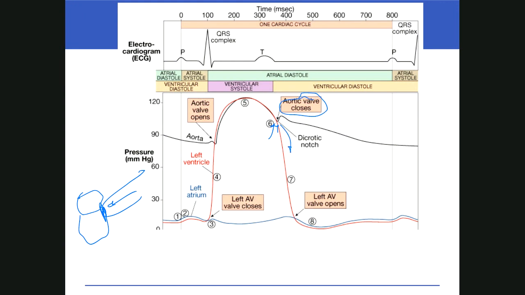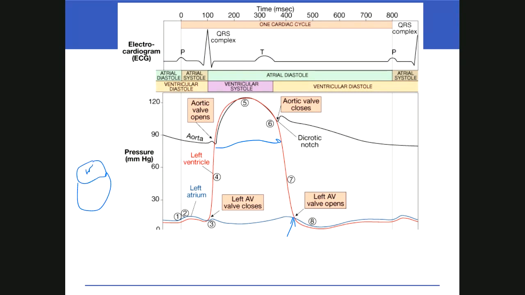Well, from here to here, the red line is higher than the blue one, all the way from here to over here, but right there, look, the red line goes below the blue line. When that happens, that means that the pressure in the atria is higher than it is in the ventricle. And this valve is going to open back up again and blood's going to flow through.